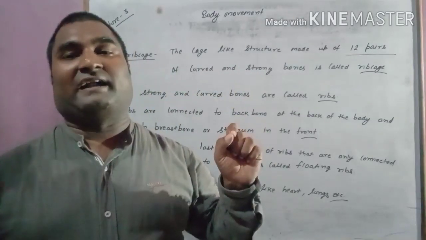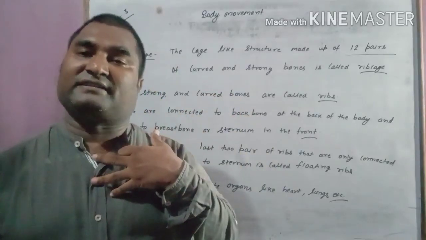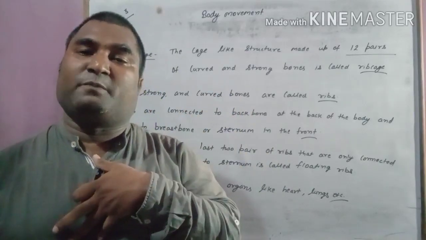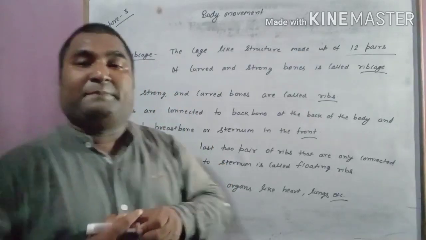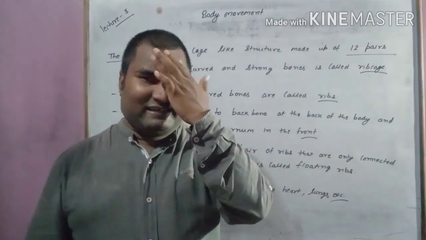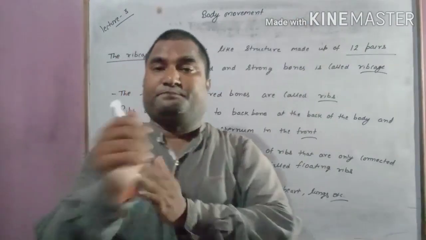These ribs are connected to the backbone at the back of the body, and in front to the breastbone or sternum. This rib cage protects the delicate internal organs like the heart, lungs, etc.